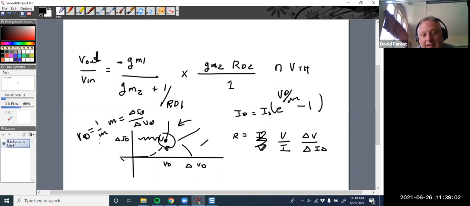So I just take the derivative of the thing, right? And that's what you're doing for small signal analysis. That's why it's called small signal, because we're only varying a little bit. So that's one way, but GM is what?